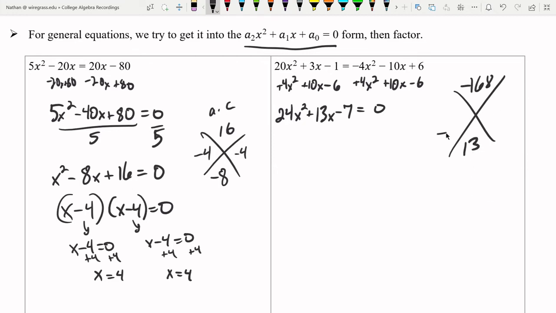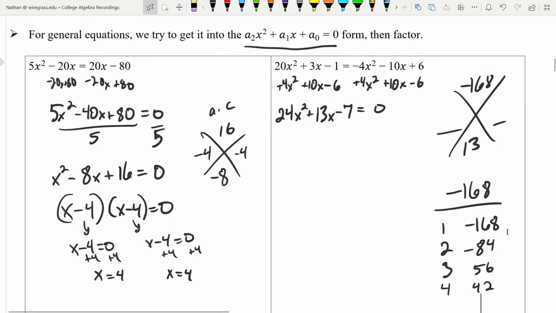And so now I need two numbers that multiply to give negative 168 and add to give 13. To do that, I'm going to look at a table. Obviously 1 times 168. 2 times 84, that's still going to be way too far apart. I don't think 3 can go into there. Oh, it can. 3 times 56. 4 can. 42.